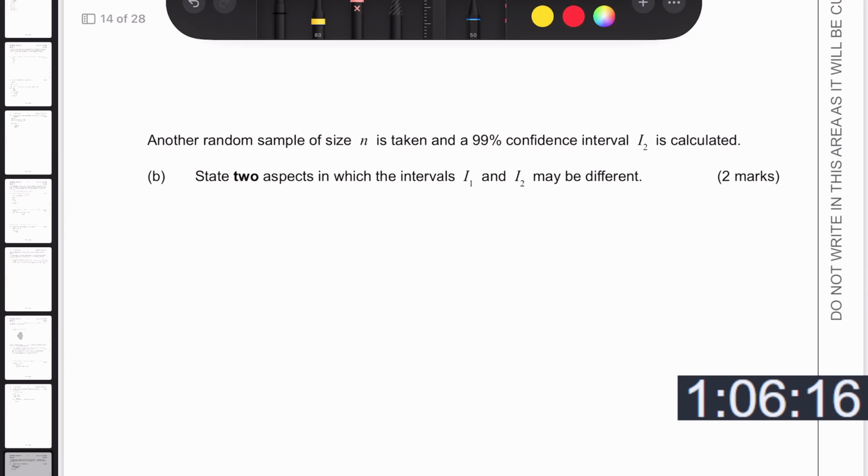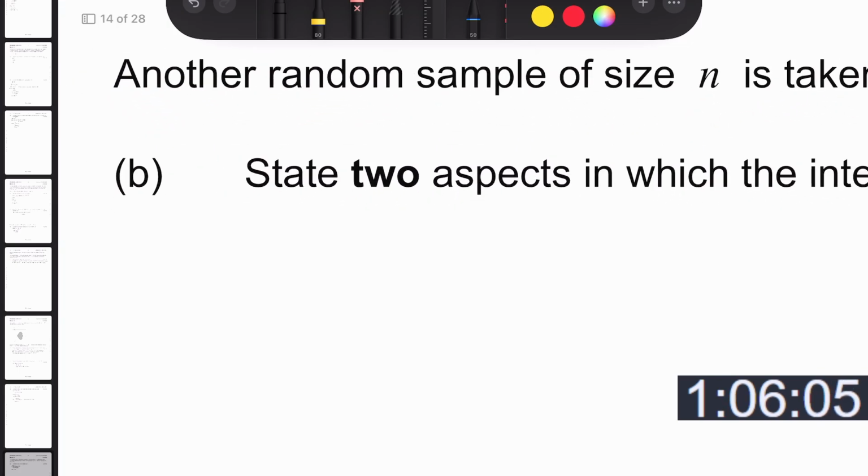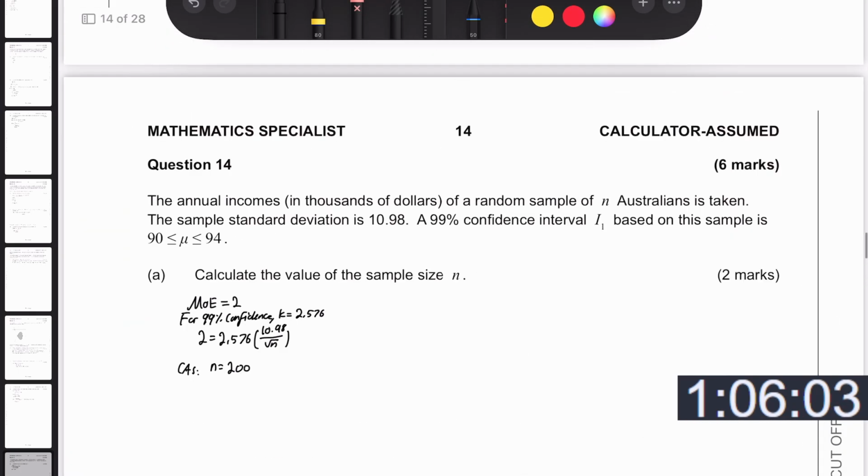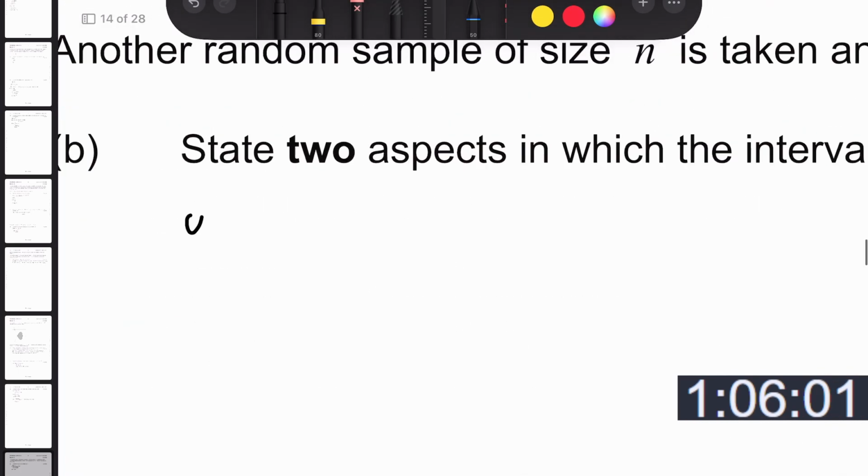Another random sample of n is taken, and with confidence set, the two aspects of the intervals, which I and mu may be different. So say mu might be different.